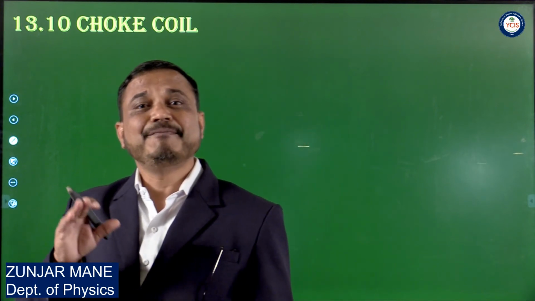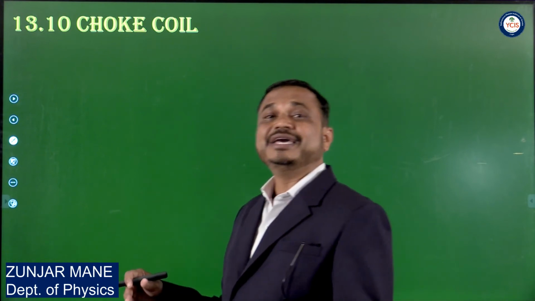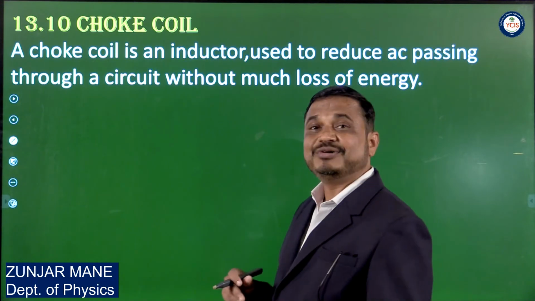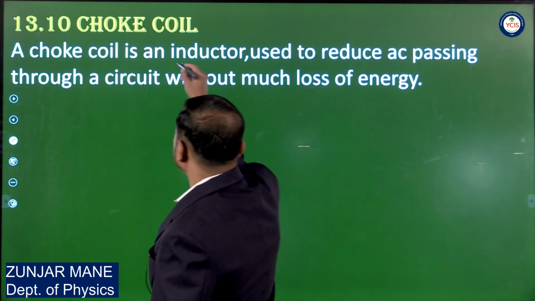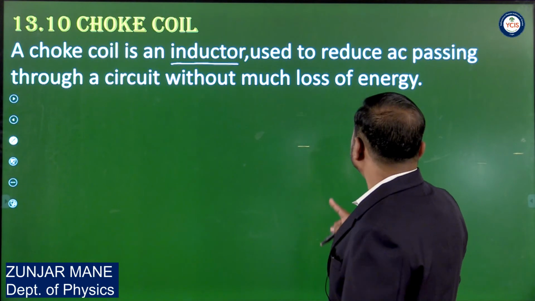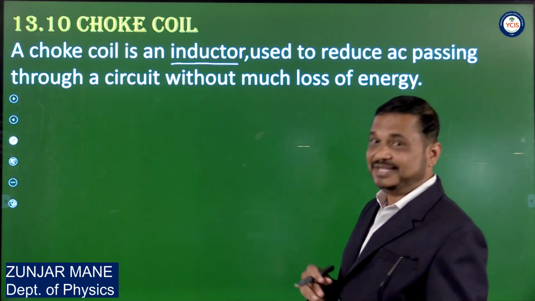But there will be power loss. In case of AC, this will be done by a choke coil. A choke coil is an inductor used to reduce the AC passing through the circuit without much loss of energy.